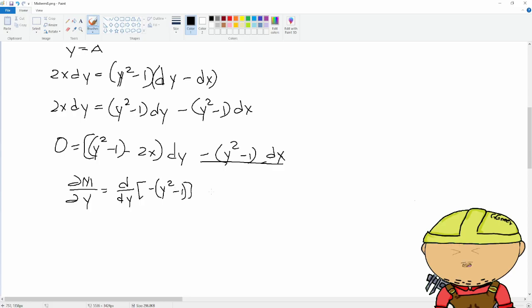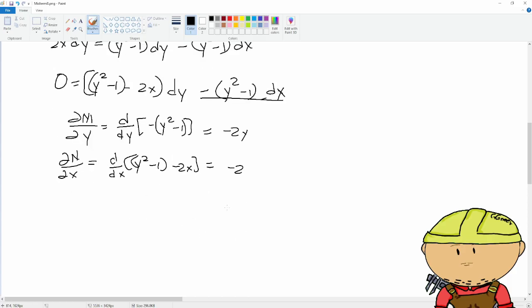So that's going to become negative 2y, right? Then for N dy, d over dx, that's y squared minus 1 minus 2x, and that's negative 2. Alright, so it cannot be exact.